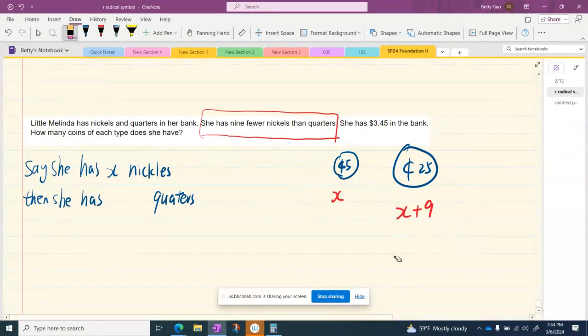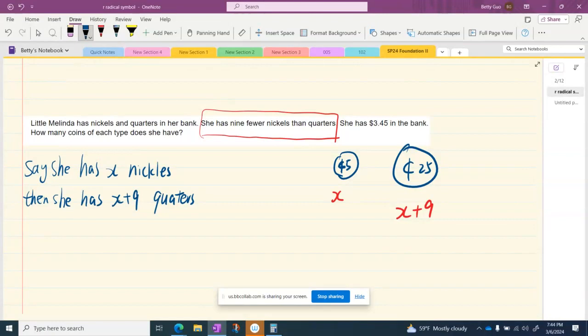Try to read it again. It's English, not even algebra. She has 9 fewer nickels than quarters, right? x plus 9. If you watch the video for Monday, on Monday I used x to represent the number of quarters, but today I use x to represent nickels.